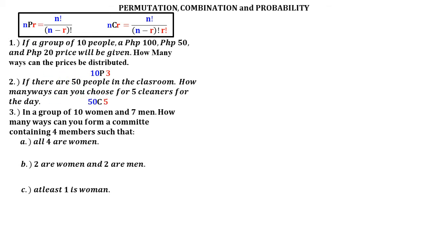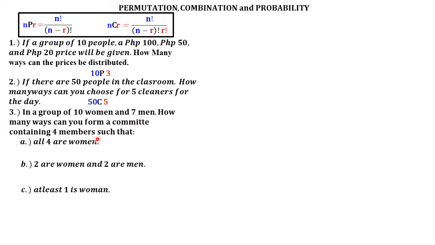Now next question, in a group of 10 women and 7 men, how many ways can you form a committee containing 4 members? Again, is the arrangement important or not important? In this scenario, the four members will become the committee.